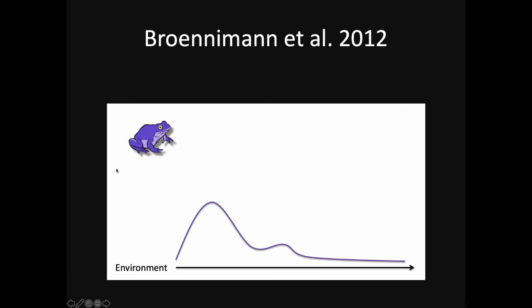Basically, the idea here is that your species, got a little frog here, has an occurrence with respect to an environmental gradient. So let's say this is temperature. Our species lives mostly in fairly cold areas, a little bit in warm areas, and then not very much at all in the super hot areas.